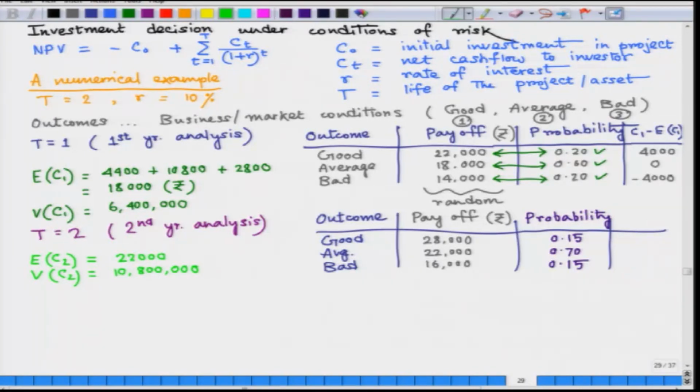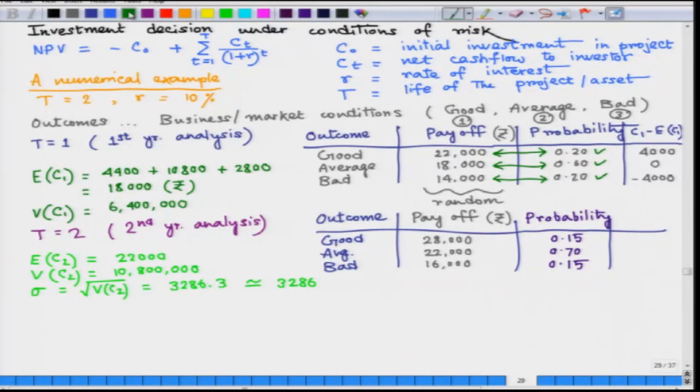Now, from here we can get the value of sigma, which is basically the positive square root of variance of C2, and that is around 3286.3, approximately we can assume that to be 3286.